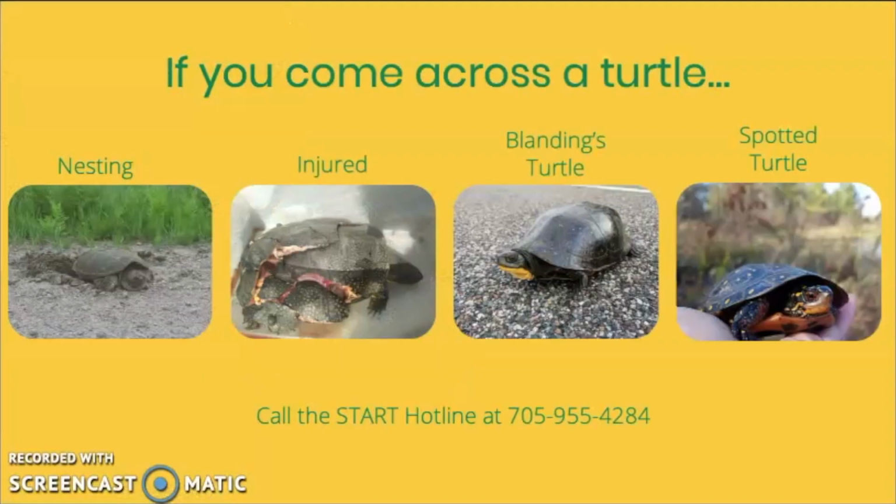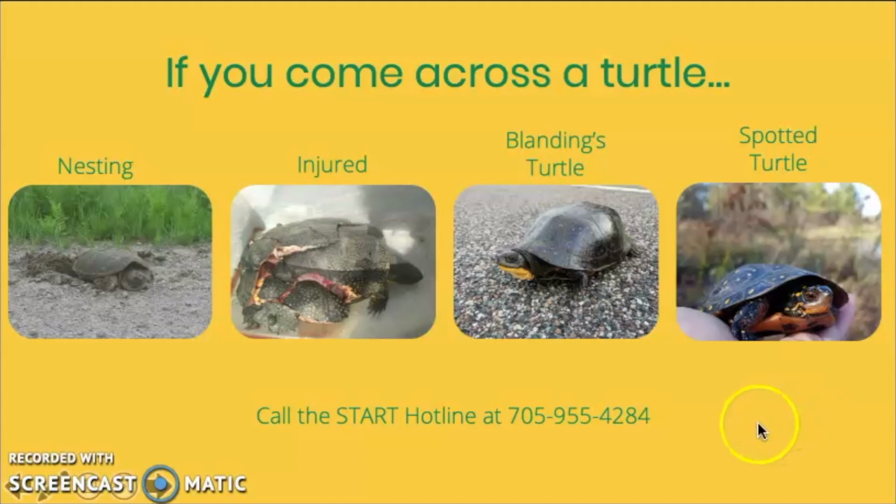So if you come across any turtle, we'd like you, again, to pull over and report it on the Turtle Guardians app or iNaturalist. But more specifically, if you see any of these 4 scenarios, so that's a nesting turtle, an injured turtle, a Blandings turtle, or a spotted turtle, both of which are pictured here, we ask you to go one step further, and that is to take a picture of the turtle as well as the GPS coordinates of where you found it, and text that picture and location to the START hotline.